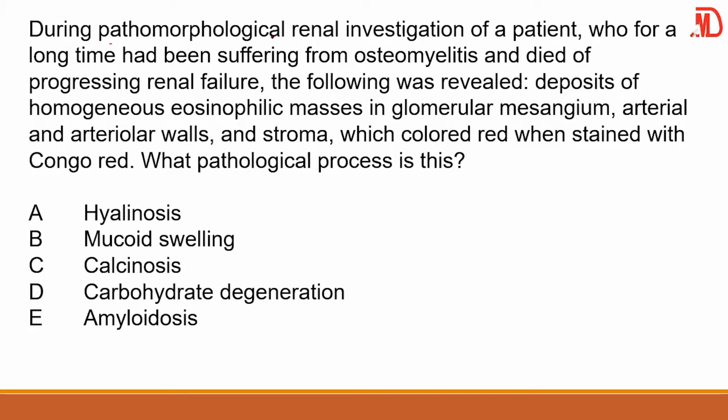During pathomorphological renal investigation of a patient who for a long time had been suffering from osteomyelitis, an infection of the bone, and died of progressing renal failure, the following was revealed: deposits of homogeneous eosinophilic masses in the glomerular mesangium, arterial and arteriolar walls, and the stroma, which colored red when stained with Congo red.